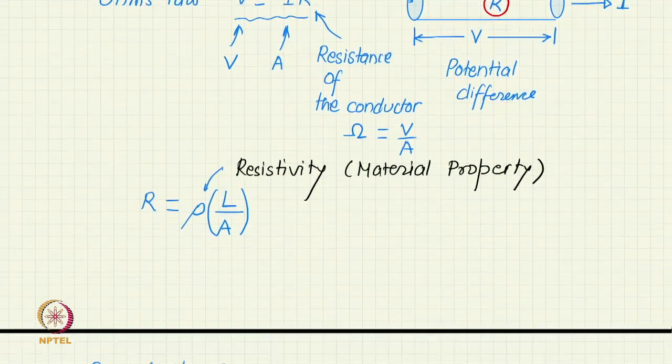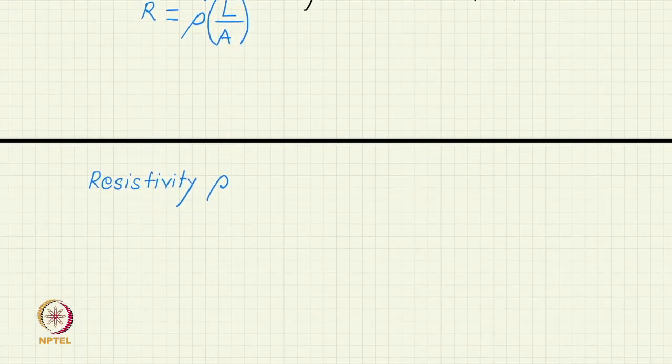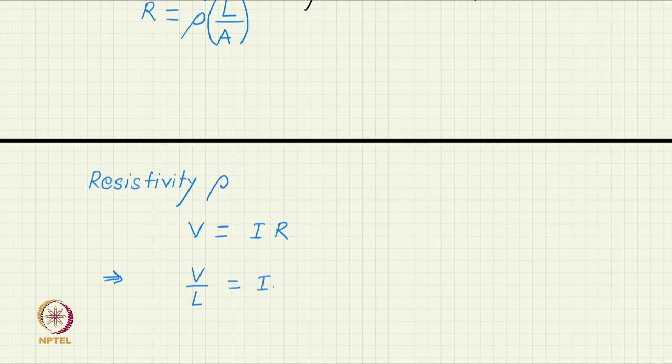Now, let us look at this resistivity a little bit more microscopically. So, let us formulate Ohm's law microscopically. So, V is equal to I R. Let us divide both sides by length, and also let us divide the right hand side by area.